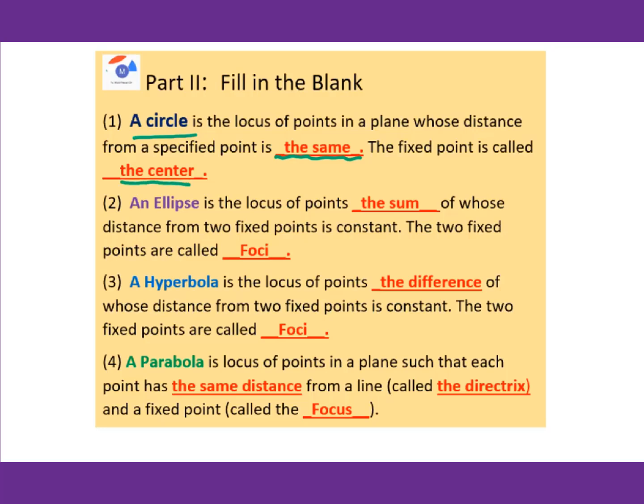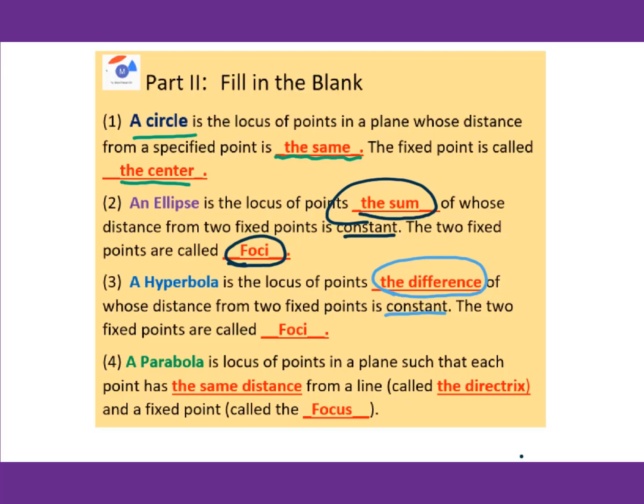An ellipse is the locus of points, the sum of whose distances from two fixed points is constant. The two fixed points I call foci. A hyperbola is the locus of points, the difference of whose distances from two fixed points is a constant.